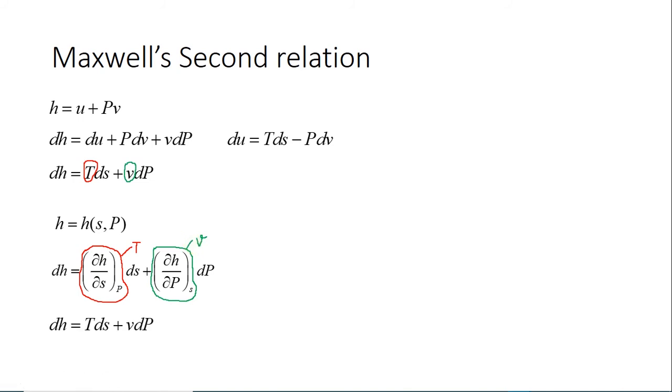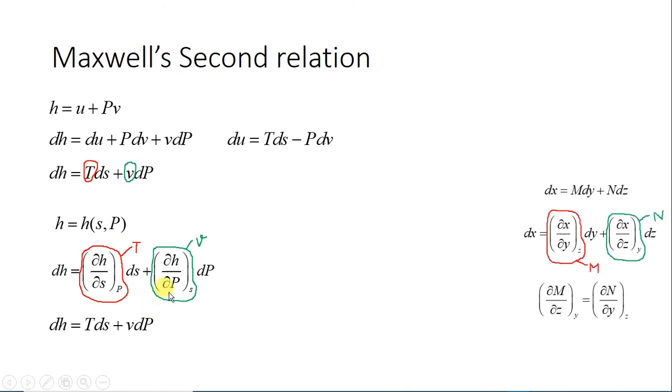So again the equation is the same, dh is equal to TdS plus VdP. So now again you can remember this concept of fundamentals of partial differentiation, and you can write ∂T/∂P when S is constant is equal to ∂V/∂S when pressure is held constant. So this is Maxwell's second relation.